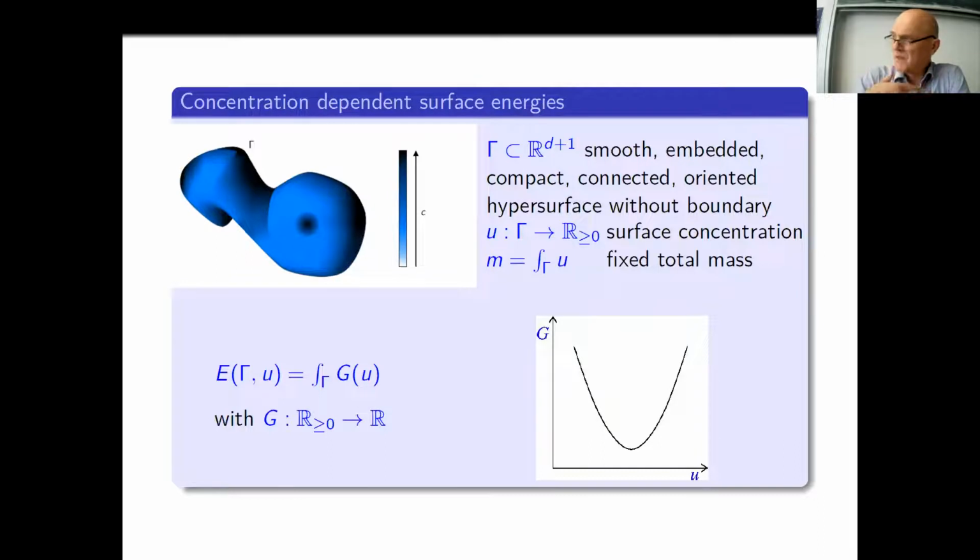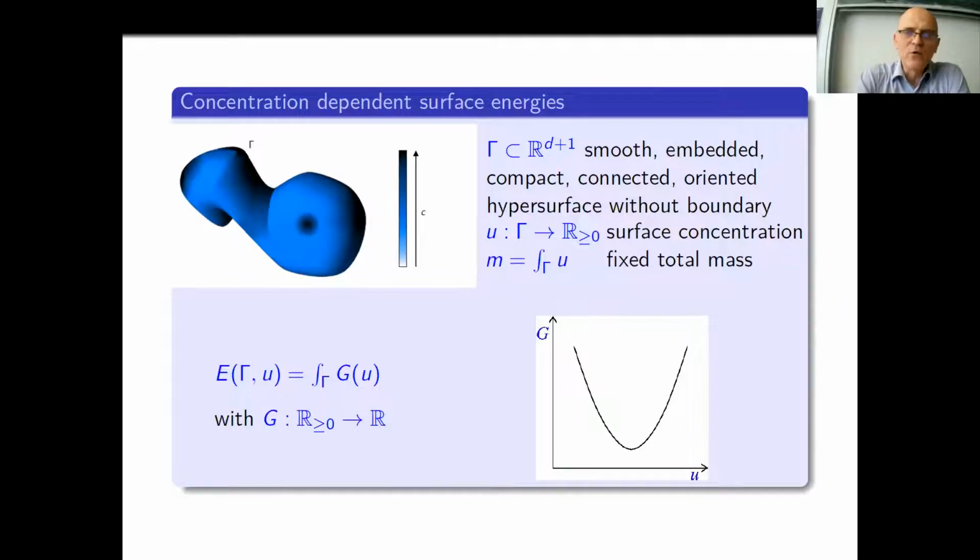We have in mind later on maybe physical applications where there's a concentration of a substance on this surface. And typically the total mass of this quantity on the surface should be conserved. So the integral of u, which is the surface concentration, should be fixed.